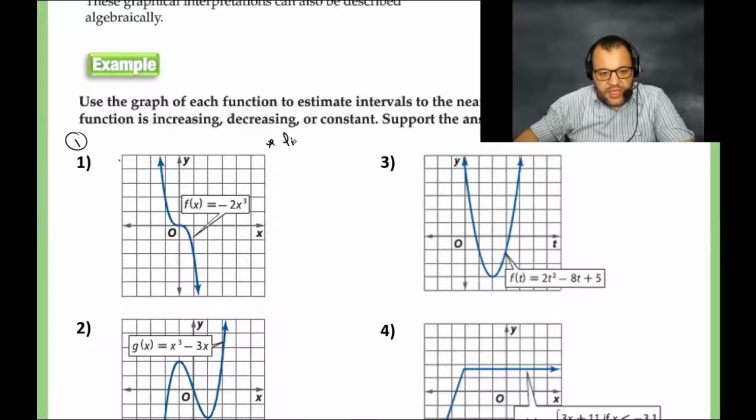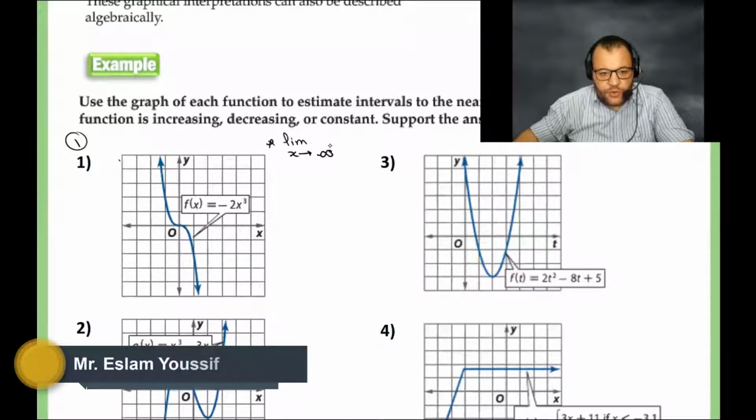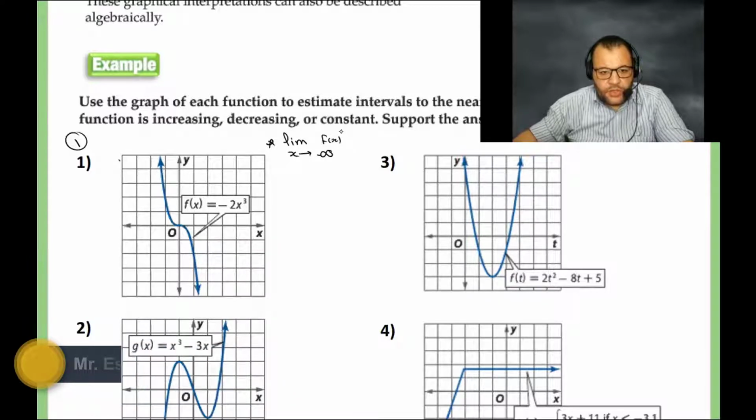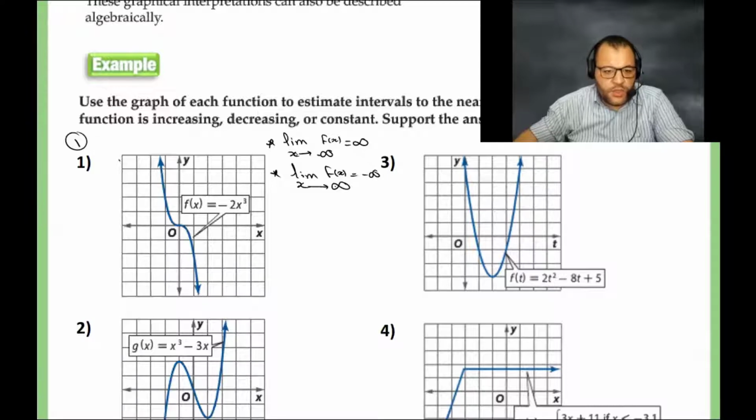So we can say that the limit when x approaches negative infinity, the function approaches positive infinity. And the limit when x approaches positive infinity, the function approaches negative infinity. That is the end behavior.